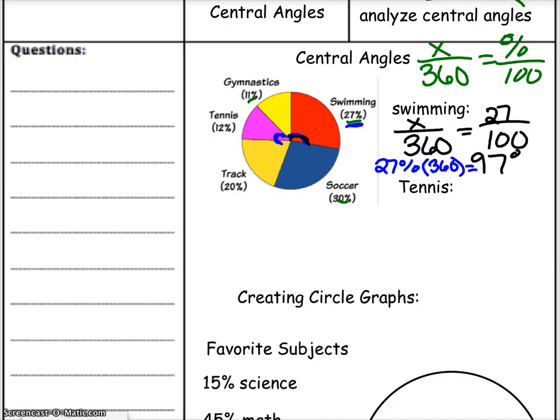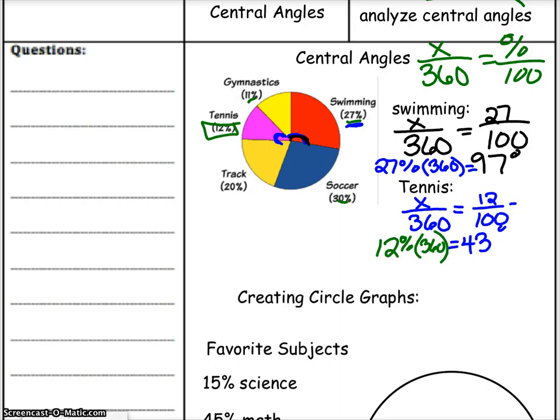Part of my angle is to all of my angles, 360, as 12 is to 100. Then 360 times 12 divided by 100 is 43. Or the fast strategy: tennis is 12%, so you could just go 12% times all of the degrees.